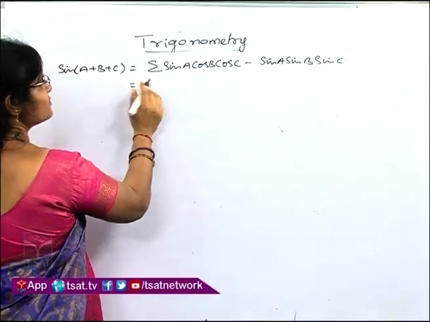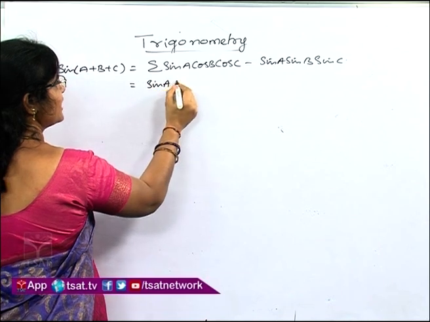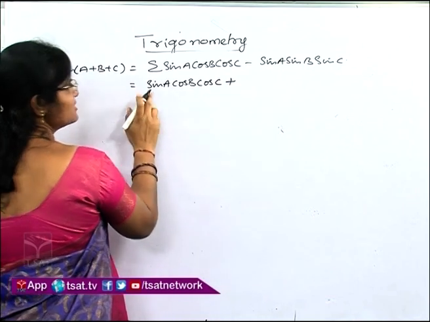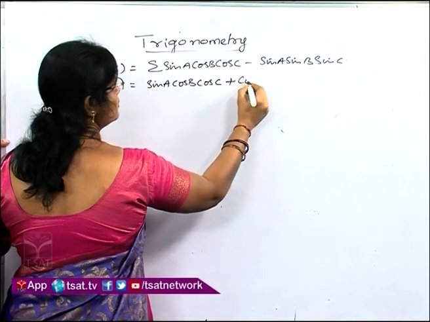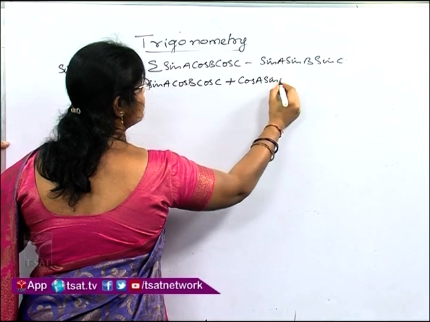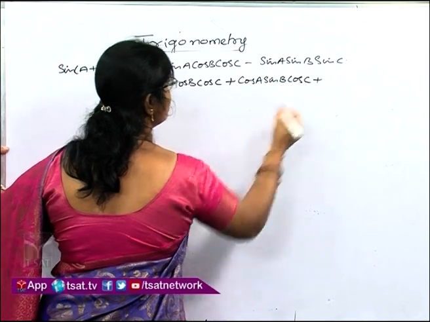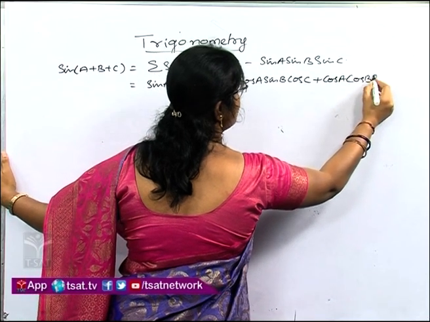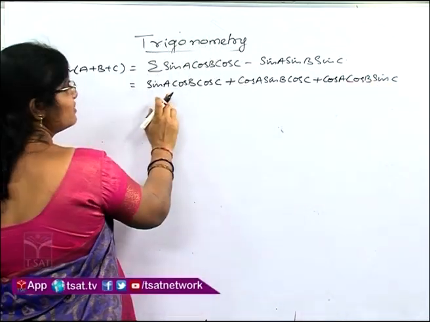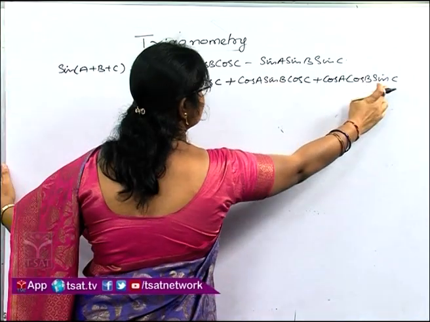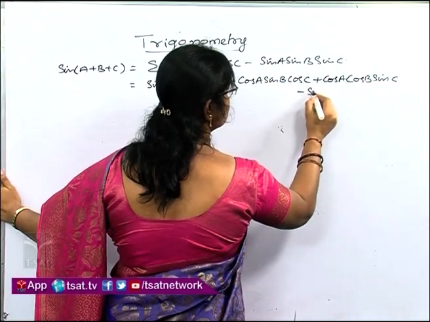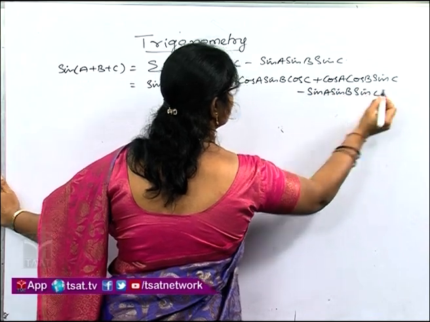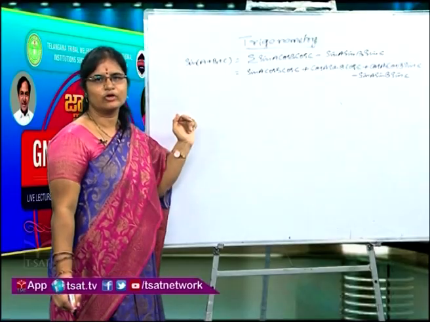Now, if you expand this: sin a cos b cos c plus, it will rotate, children, next cos a sin b cos c plus cos a cos b sin c. So, in this way the sin angle will rotate a, b, c, and finally this product sin a sin b sin c. So, in this way we can derive the formula, children.